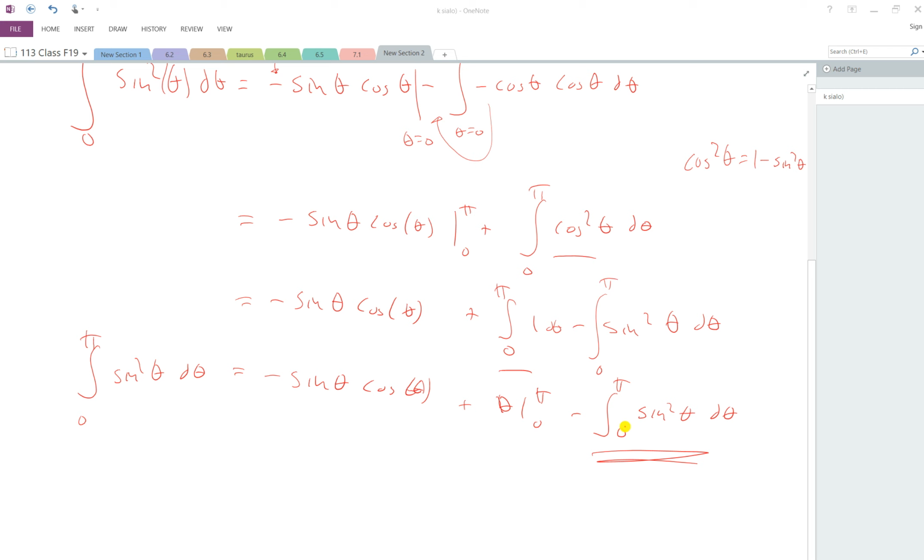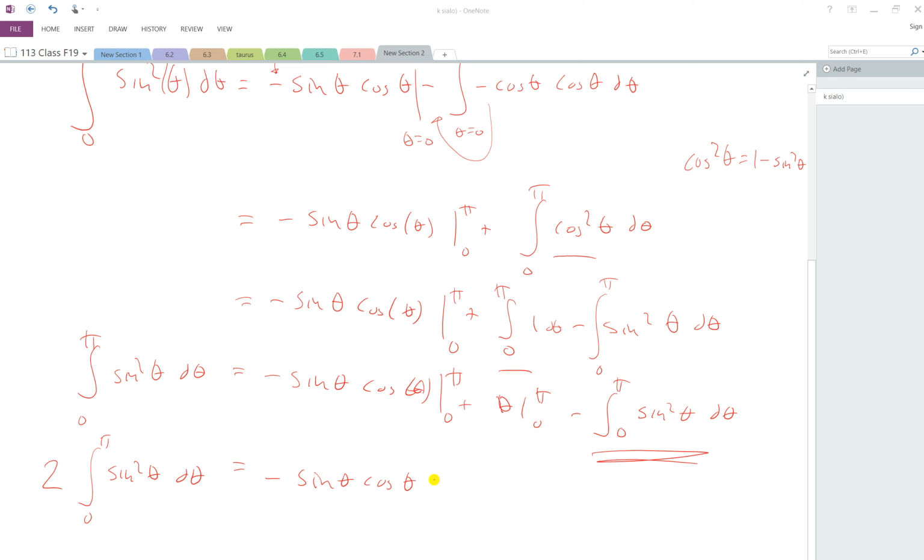I've got a negative 1 over here, I've got a positive 1 over there, so I'm going to add it to both sides. So I'm going to end up with 2 times the integral from 0 to pi of sine squared theta d theta, and that equals a negative sine of theta cosine of theta. Oops, forgot some bounds here.